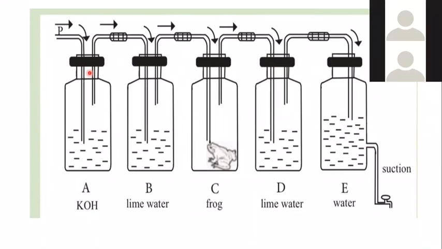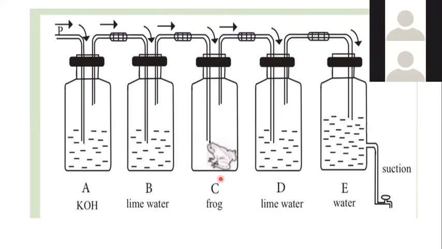Now, the control setup, the control experiment. A student is asking me, what does a control setup mean? The control experiment means all the factors are provided without the variable factor. Now, if the frog is there, that is the variable factor.